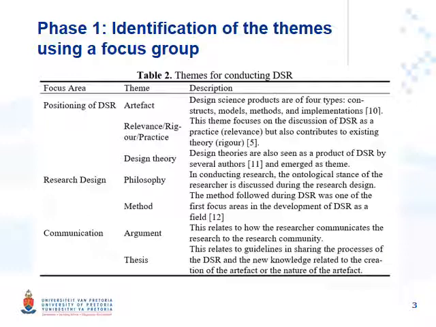We then categorized it together, and the artifact, relevance, rigor, practice, and design theory were all categorized into the positioning of the design science research. Then the design of the research project itself, the philosophy and the method, goes into the research design. And then the argument or the thesis that you are going to focus on all go into the communication theme.